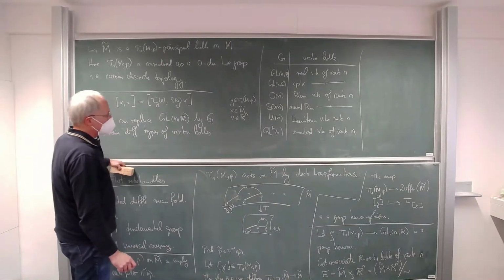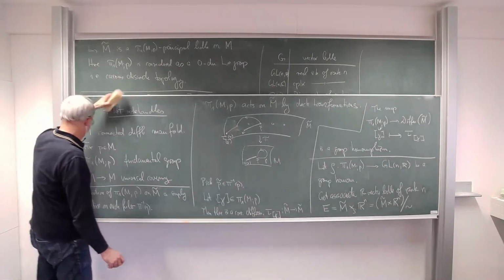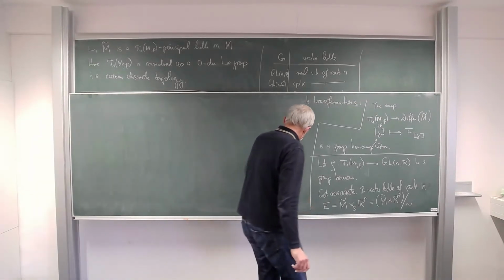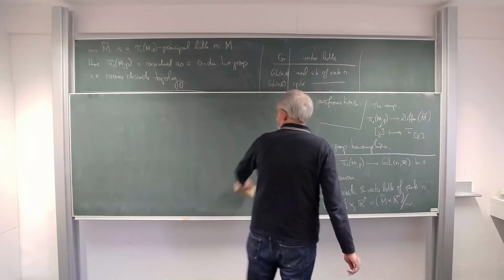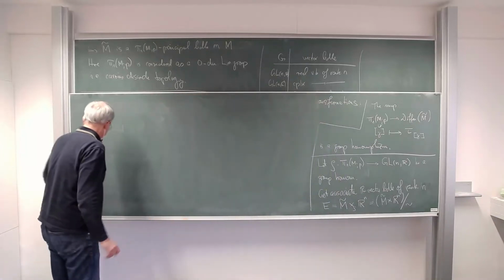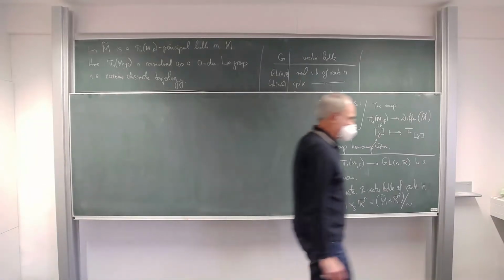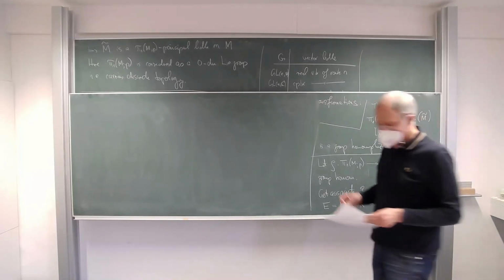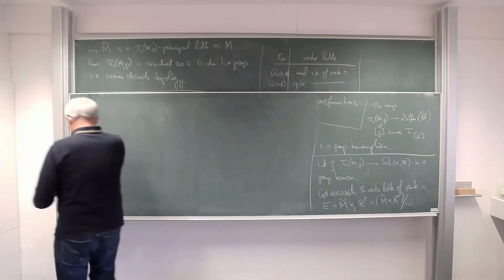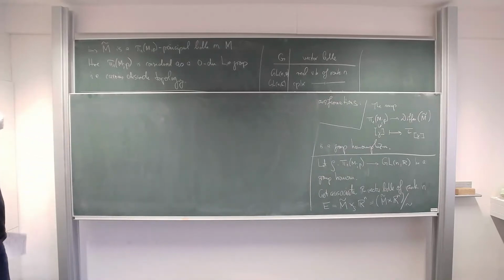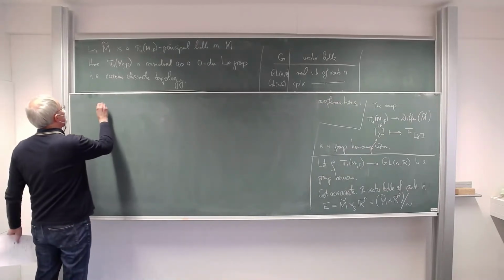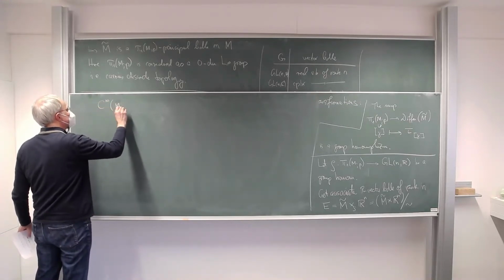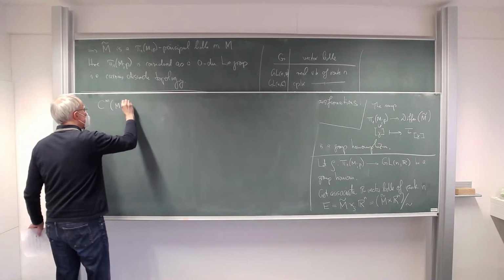And how does this come out? So these connections act on sections. So maybe we should briefly see how we should think of sections of this vector bundle. So I'm saying a section of this vector bundle. It's a vector bundle on M, right?